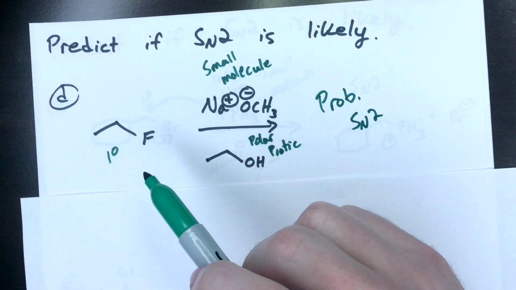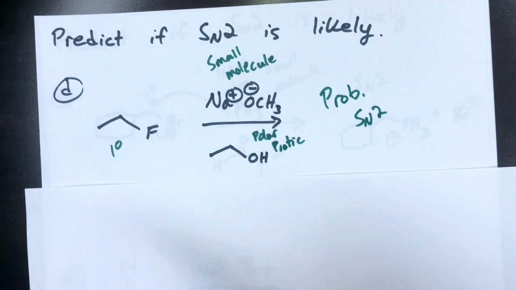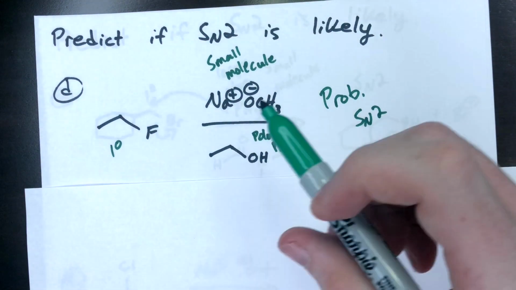Fluorine is a horrible leaving group because remember, we looked at the acid strengths of HCl, HBr, etc. Hydrofluoric acid isn't considered a strong acid. It's a weak acid, which means that its conjugate base is stronger relative to the other halides, which makes it a terrible leaving group. So this is a really bad leaving group.